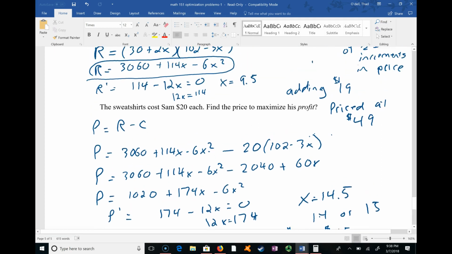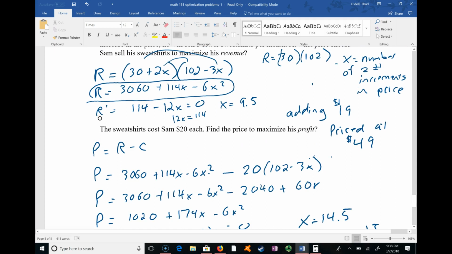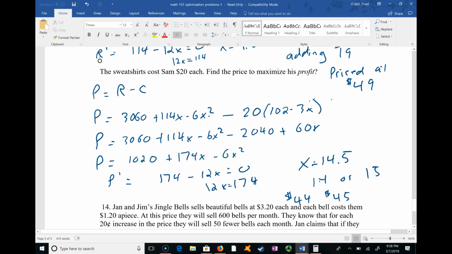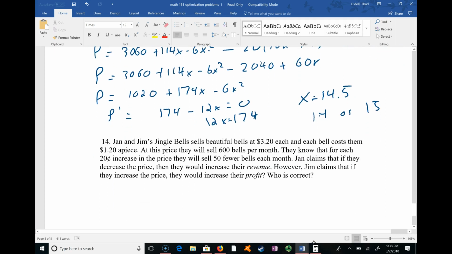So 49 or 50 would give me the max, 49 or 48 would give me the maximum, no, 48 or 50 would give me the maximum, yeah, I messed up on those. So x is the number of $2 increments, so 14, that'd be 28, yeah. So 30 plus 28 would be $58.